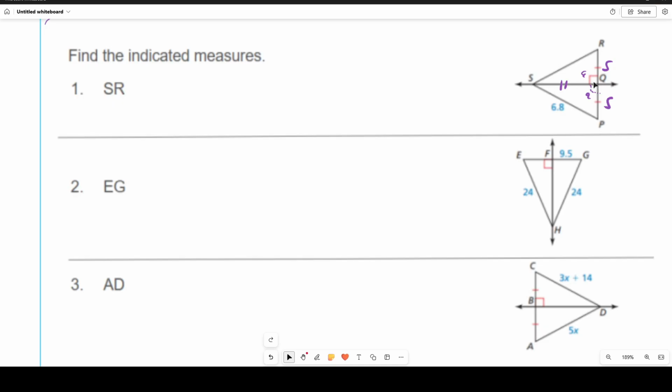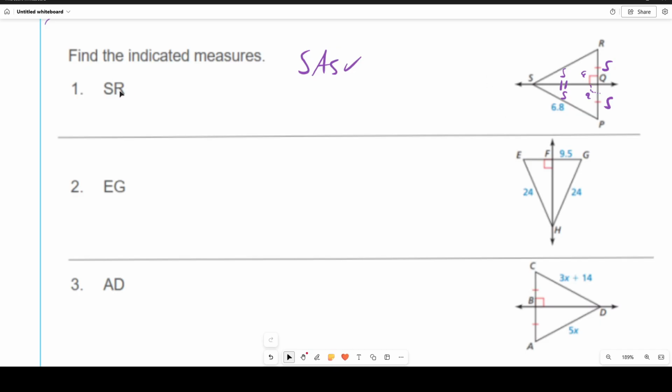So SQ will equal itself, SQ. Since the second side matches, we have side, angle, side for this triangle, and side, angle, side for this triangle. So they are congruent by side, angle, side. Therefore, we can set any corresponding parts equal to each other.